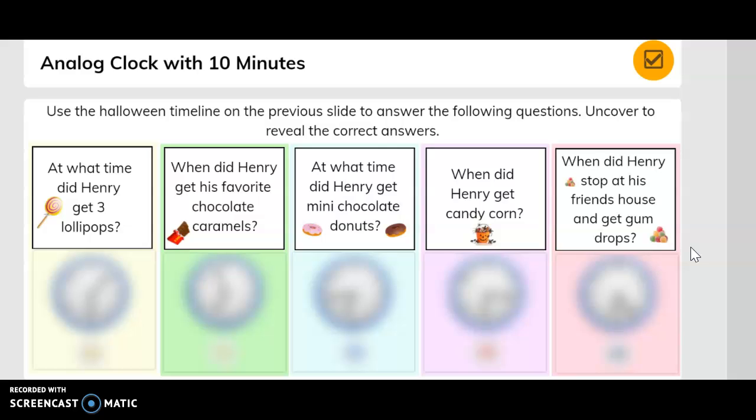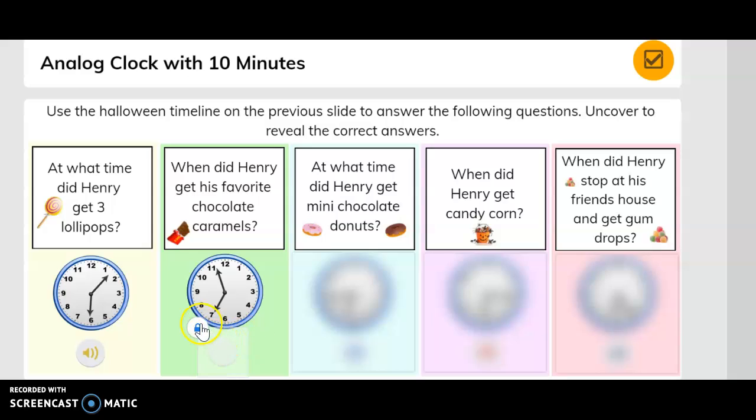Use the Halloween timeline on the previous slide to answer the following questions and uncover to reveal the correct answers. What time did Henry get the 3 lollipops? You should have 6:07. When did Henry get his favorite chocolate caramels? You should have 6:57.